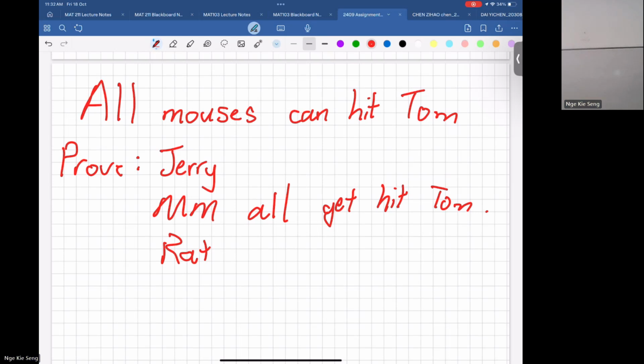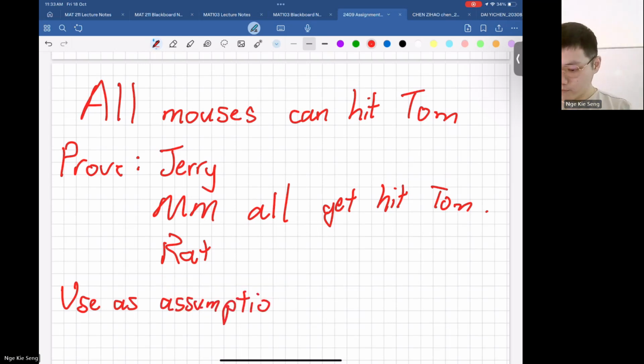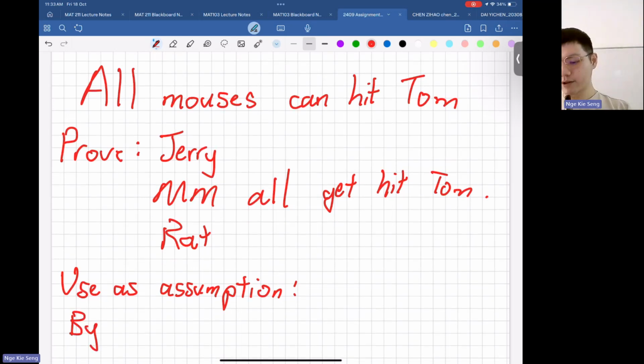Okay. Another thing. A different thing is, how about I use it as an assumption? If I use it as an assumption, what can I deduce? Assumption: all mouses get hit by Tom.